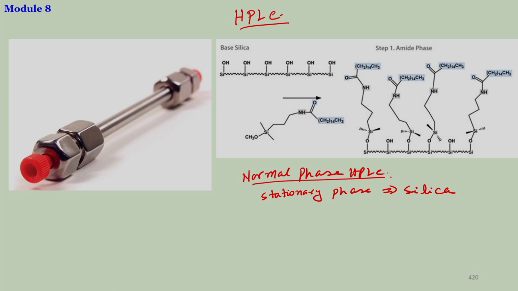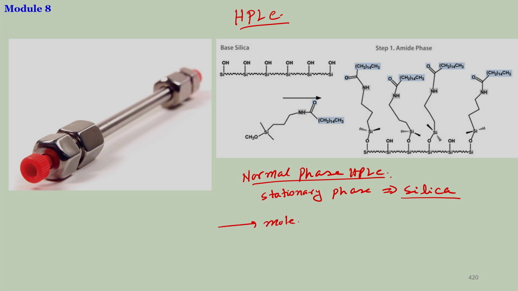Depending on their binding constants, the breaking of the interactions will also occur, so the molecules will come out at different time intervals, and therefore you can purify. For normal phase HPLC, your stationary phase is silica, and obviously silica is polar in nature; it has hydroxyl groups.